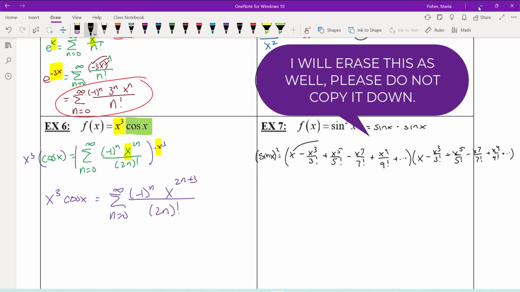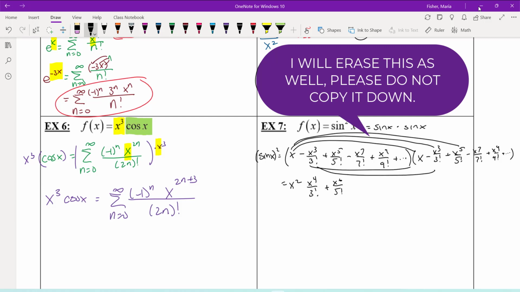And really we would multiply x times x, and that would be x squared, and then this is x to the 4th over 3 factorial, and then that's going to be plus x to the 6th over 5 factorial, and you keep going, then you multiply that one to each one of those, and it gets really complex and really long. So if we can avoid multiplication or division of series, we do.